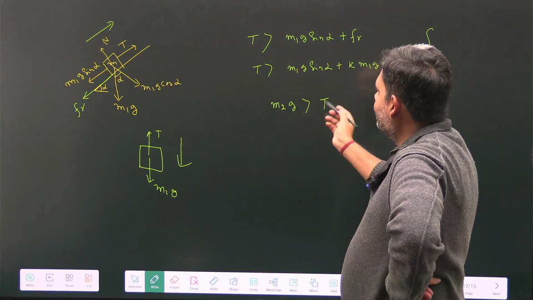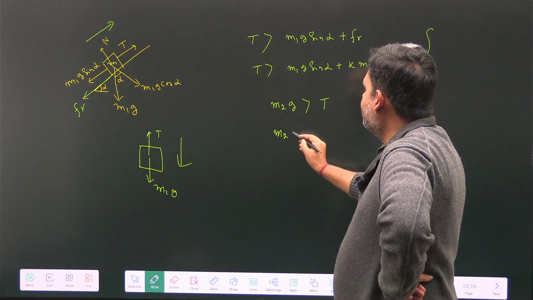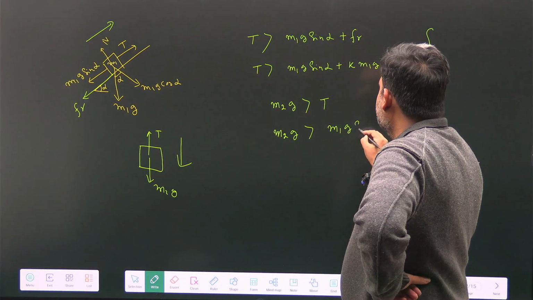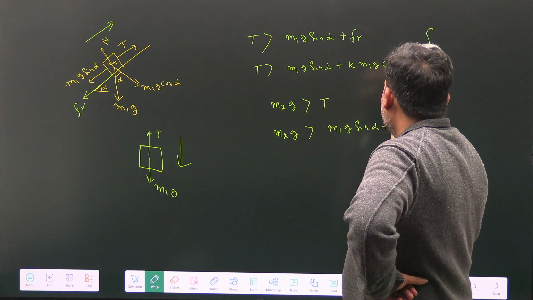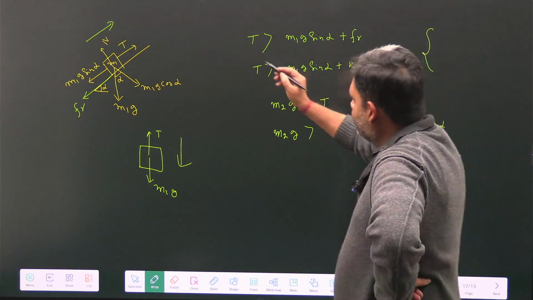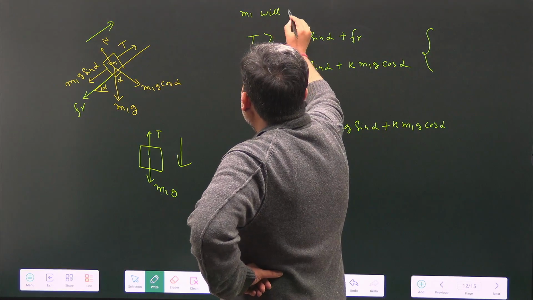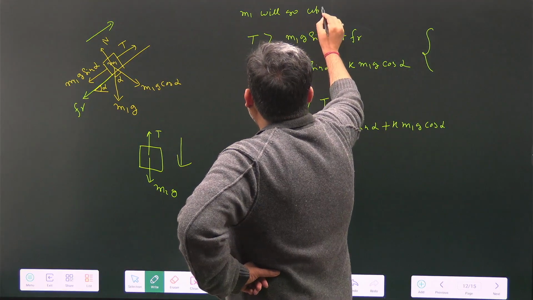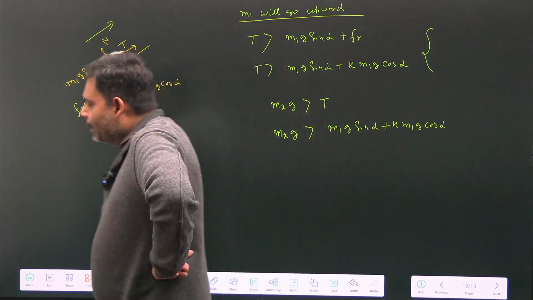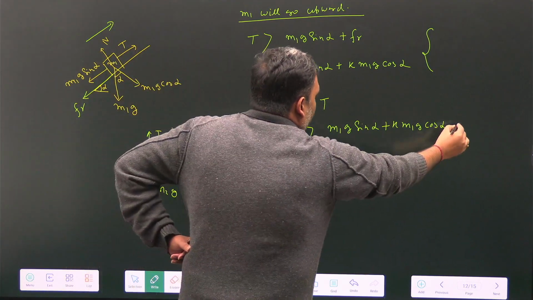A is greater than B, B is greater than C. That means you have m2g must be greater than m1g sine alpha plus k m1g cos alpha. And this is condition where m1 will go upward. Now look at this condition. This is your condition 2.